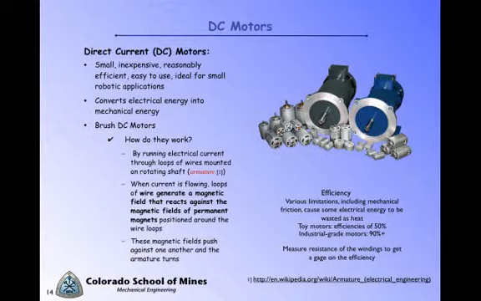So the current flows through the windings and creates a magnetic field that reacts against the magnetic field of the permanent magnets, and it's the interaction of those two fields that creates the force which causes the armature to turn, and it's the turning of the armature that gives us the mechanical energy that we use as the output from the motor.